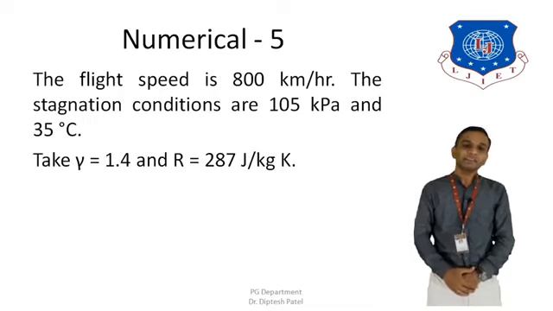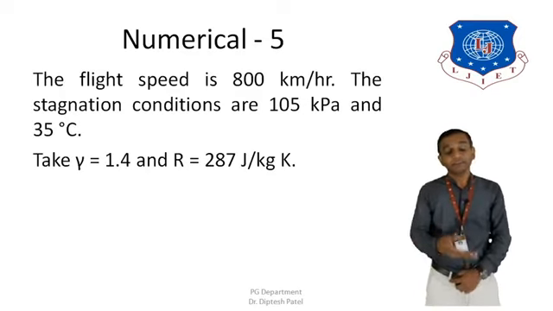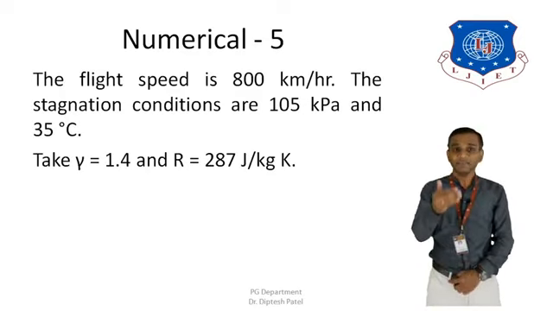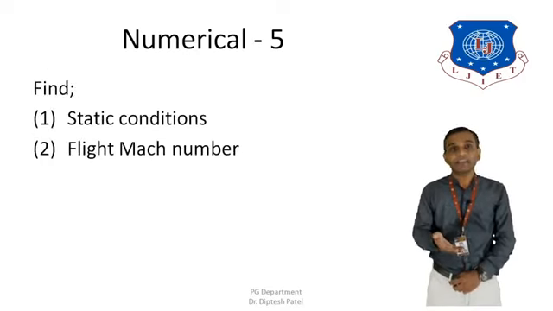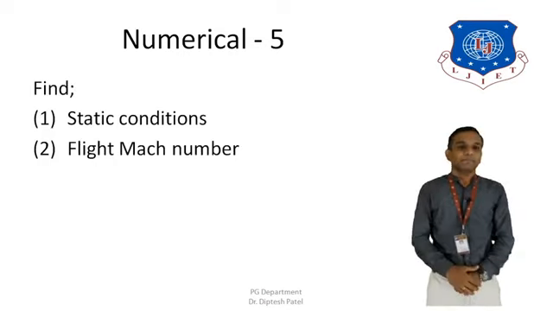Also, gamma is to be taken equal to 1.4 and the characteristic gas constant R is equal to 287 joule per kilogram Kelvin. So these are the data which have been given to us. We have to go through this data, and on the basis of that we need to find two different parameters.